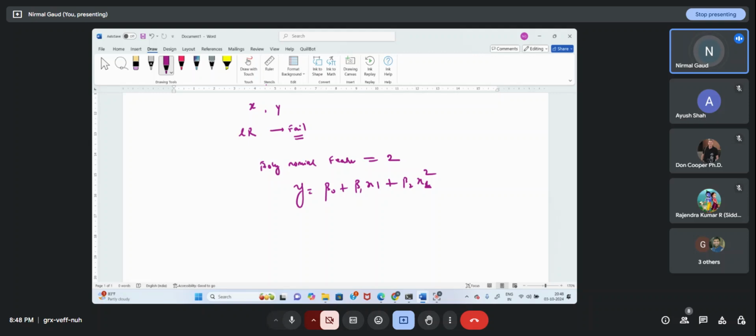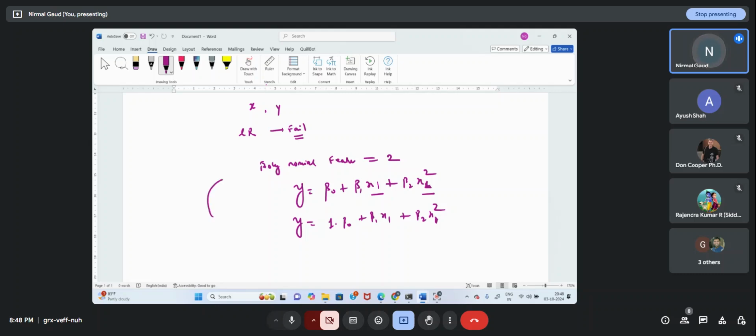Here, let us suppose, just focus upon these only. The coefficient, just take it as 1: beta naught, beta 1 x1 plus beta 2 x1 square.